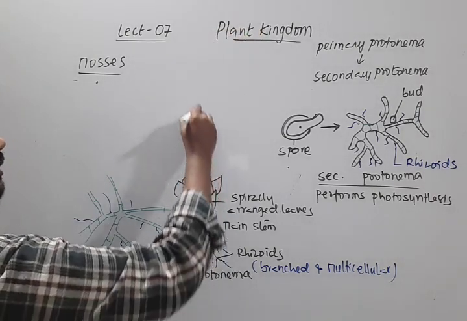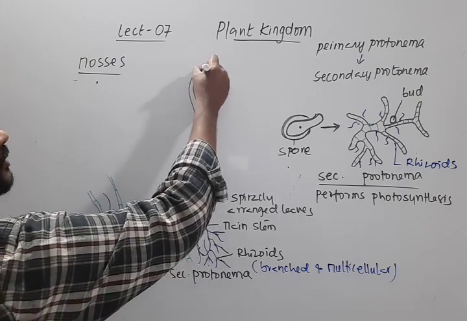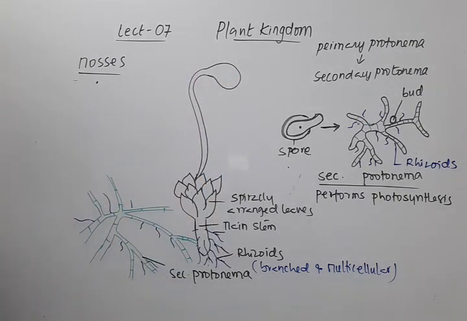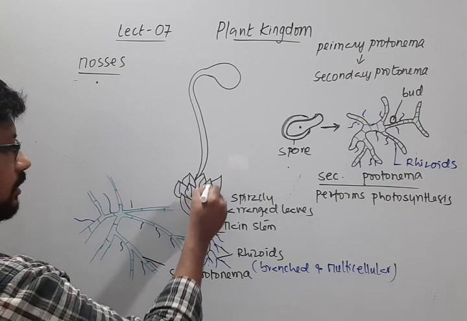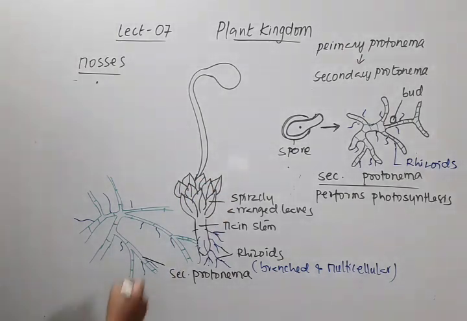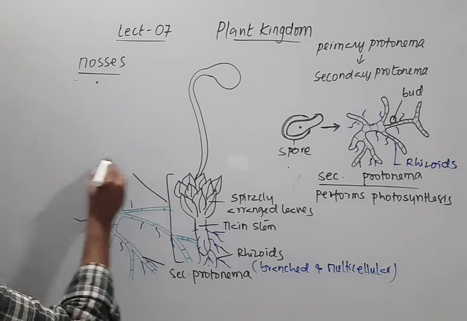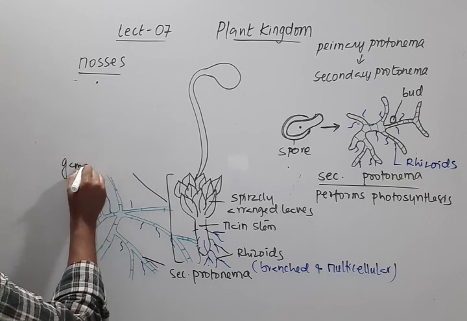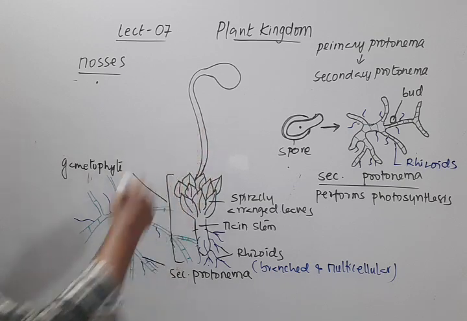So you can see the development of the sporophyte, the same way I have shown in the case of the liverworts, the reproduction. So from the gametophyte, so whatever we have seen, this portion is the gametophyte, and this one which develops is the sporophyte.